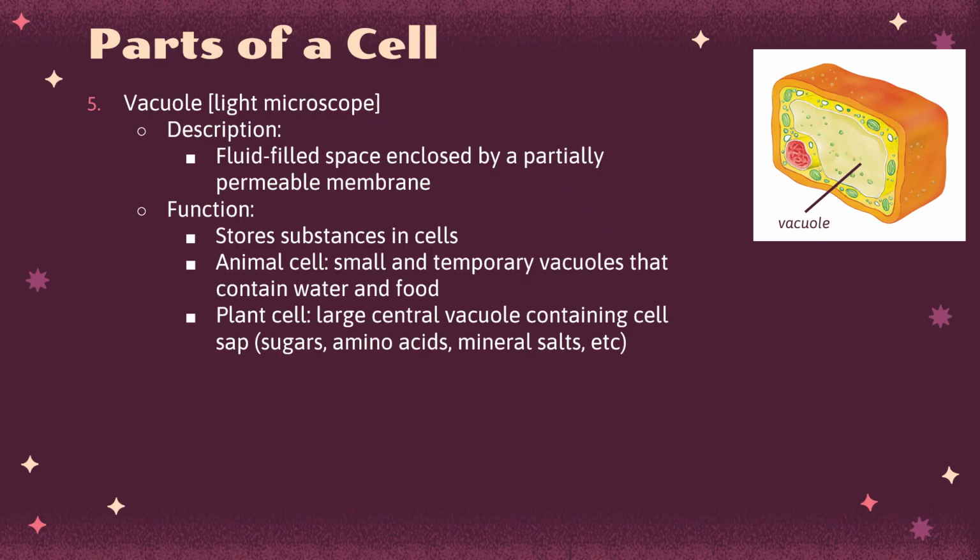For plant cells, they are what we describe as large and centrally located. So we use the word large central vacuole for plant cells. Please do not anyhow use it. They contain a substance known as cell sap. What cell sap contains is generally sugars, amino acids, mineral salts, and waste substances.